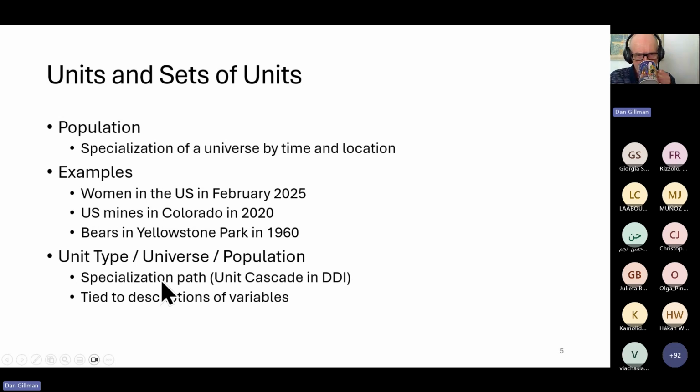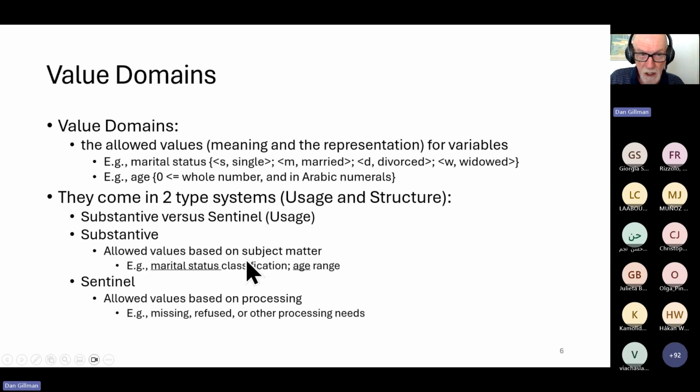So the unit type, universe, population is like a path of specializing to get more specific, to talk about a general description of the set of units that we're collecting data about. And these are tied to the descriptions of the variables. We call this the unit cascade in DDI.